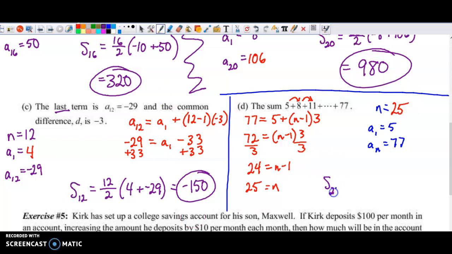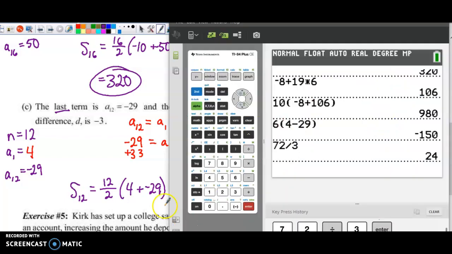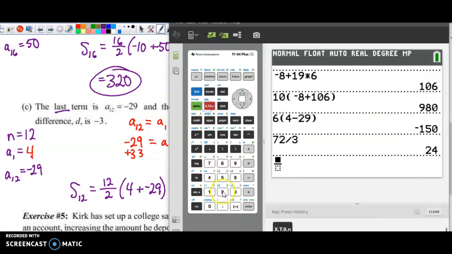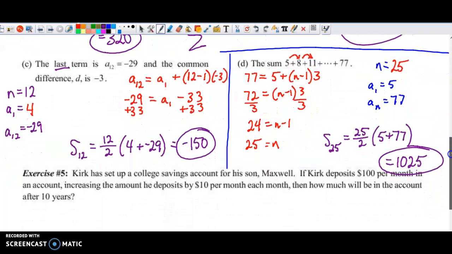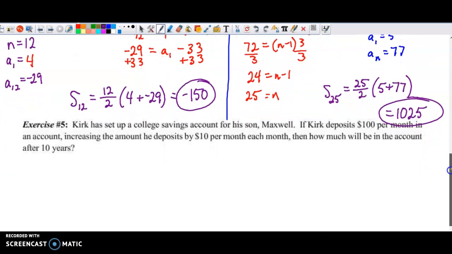The sum of the first 25 terms is 25 divided by 2, and then 5 plus 77. There you go, 1,025. I don't know how many of you would rather go through and do 5 plus 8 plus 11 plus 14 plus 17 plus 20 and come up with the answer there.